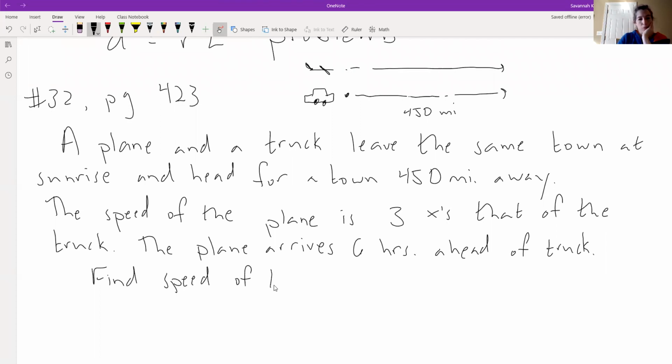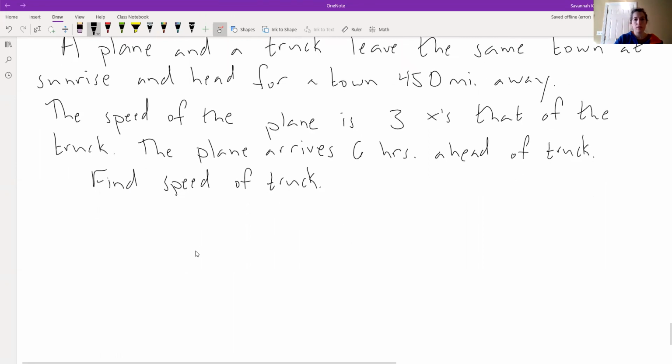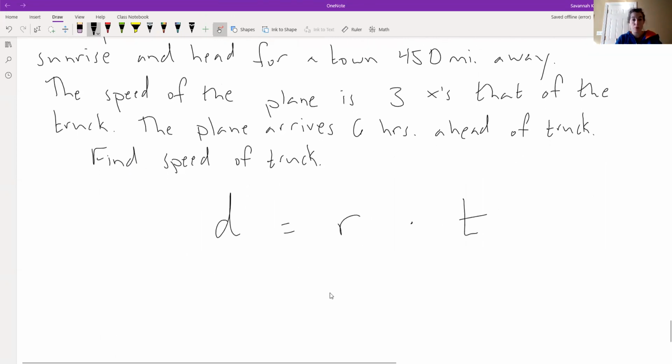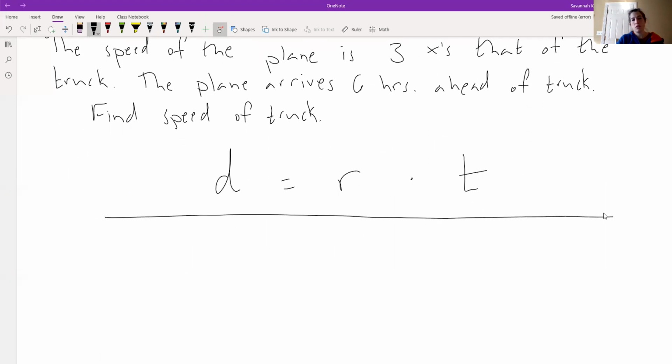Now, what the book does, and what I kind of like, is they set up a little bit of a grid. So we want distance equals rate times time. And I'm breaking this apart, spreading it out on purpose here. This is the type of thing we're after.